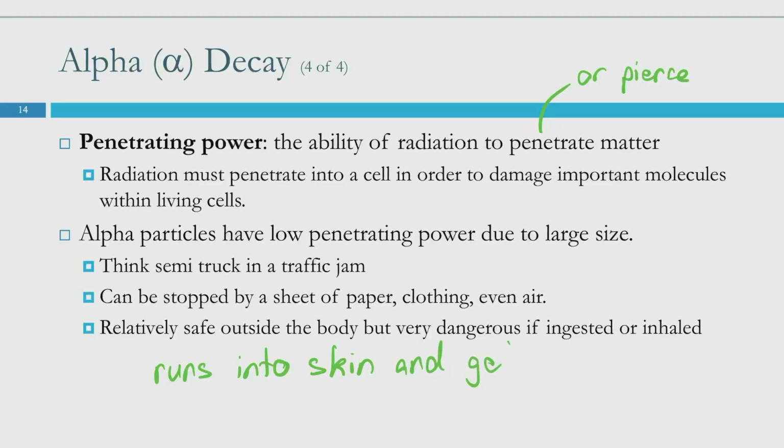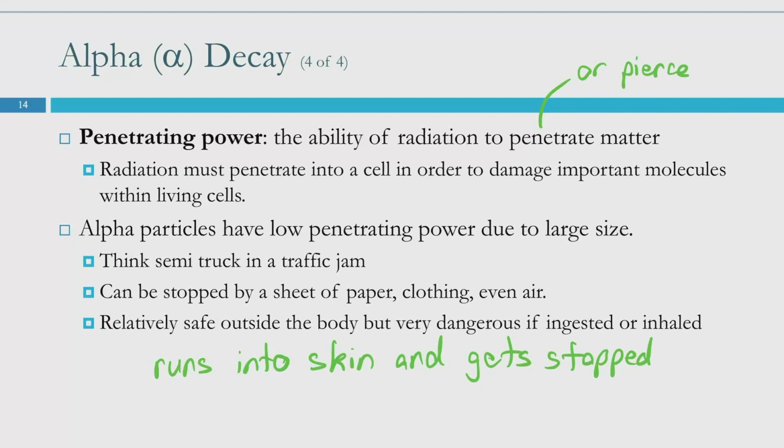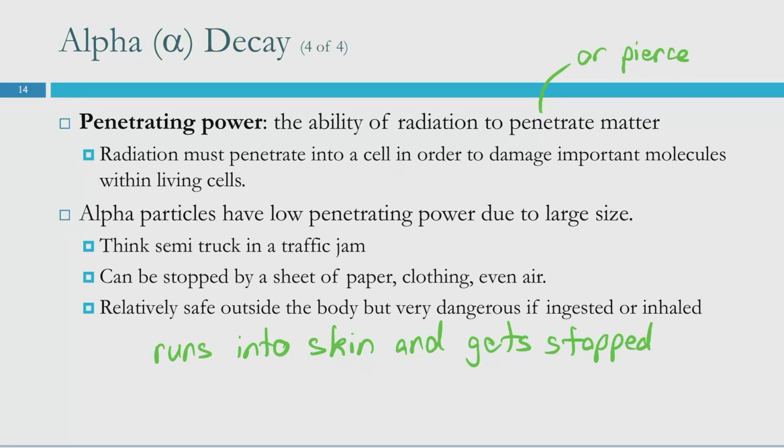So it runs into our skin and gets stopped. And if we haven't exfoliated in a while, it's just hitting dead skin cells, and so that doesn't even matter at all. Or it's hitting stuff that's going to be replaced soon enough if it's outside of our body.